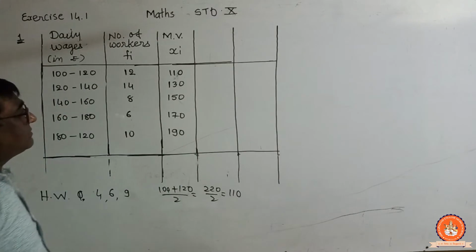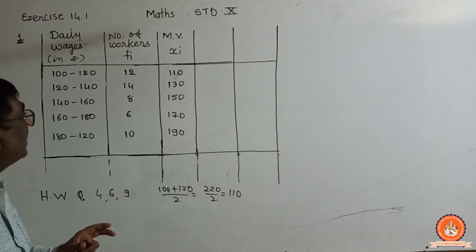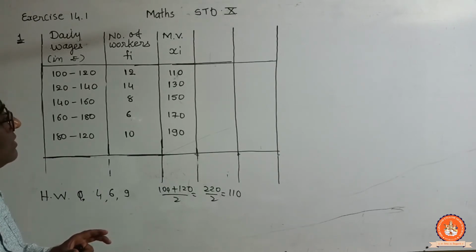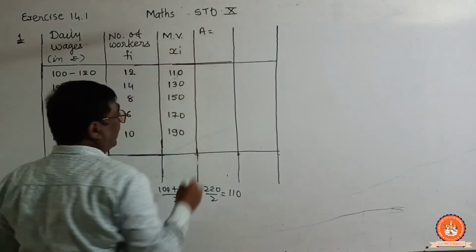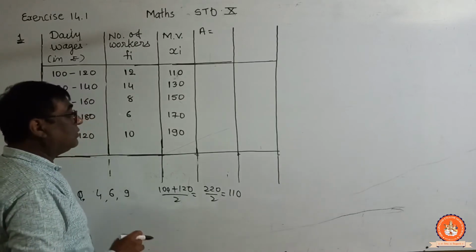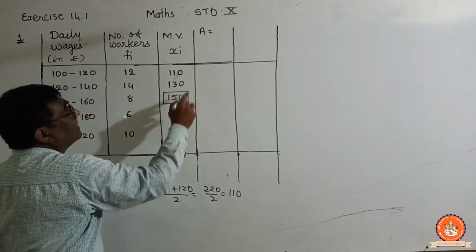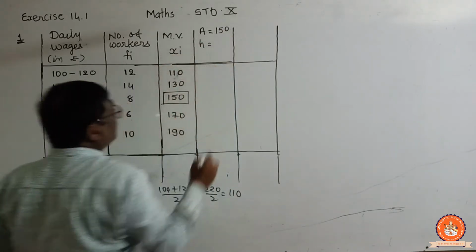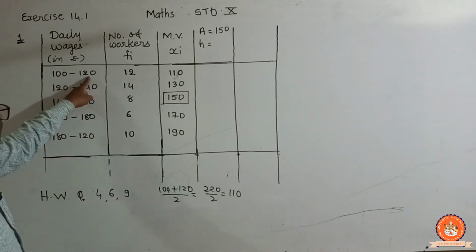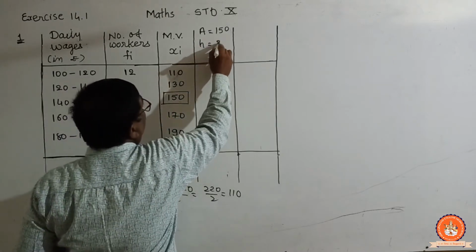See, these mid values are comparatively larger. And the class length is even, so we will use the step deviation method. So a is the assumed mean, and most probably we take the middle one. So a will be 150 and h is equal to class length. See, the class length is 20 every time, isn't it? So class length would be 20.